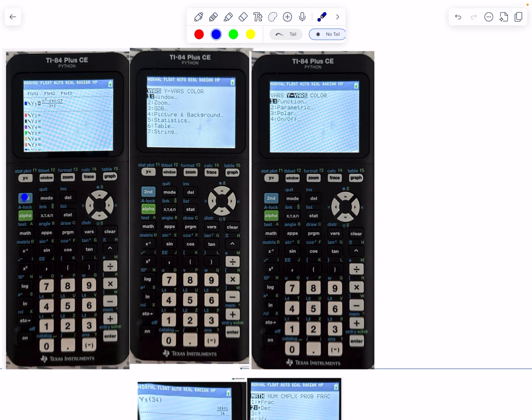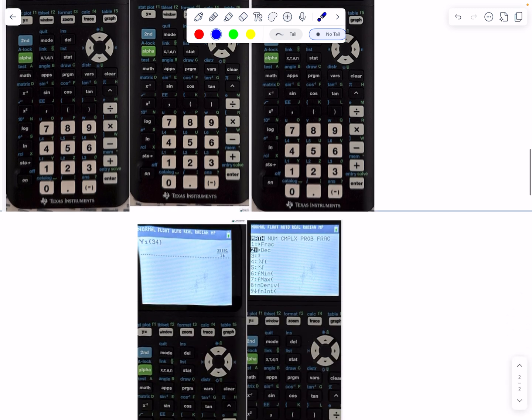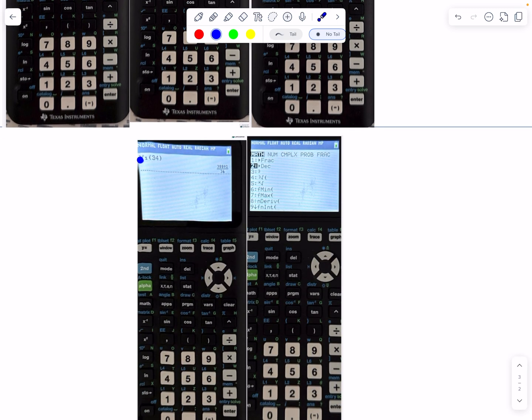So that would be second mode, and you have a clear screen. Once you have the clear screen, then you're going to click on vars, and then you use your right arrow to go to y vars, and then you press enter. And when you do that, you're going to end up having y1. And remember, we wanted the y value when x was 34.